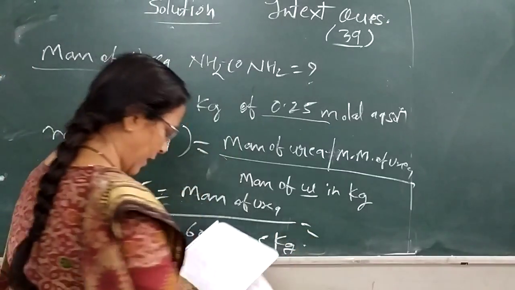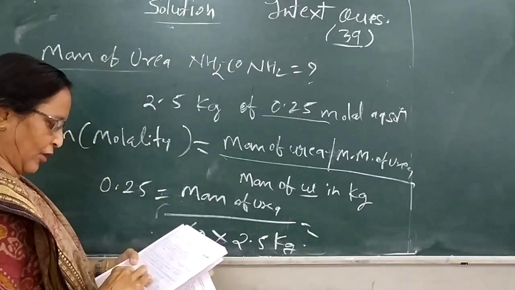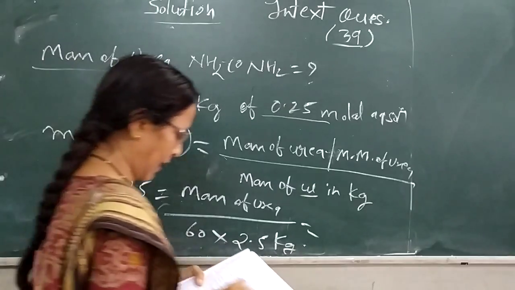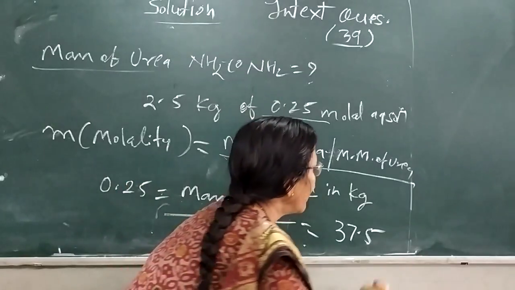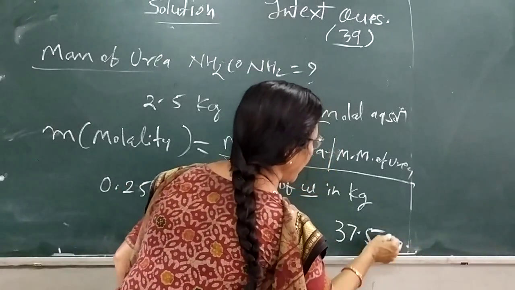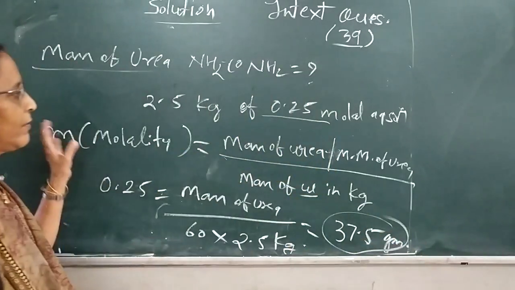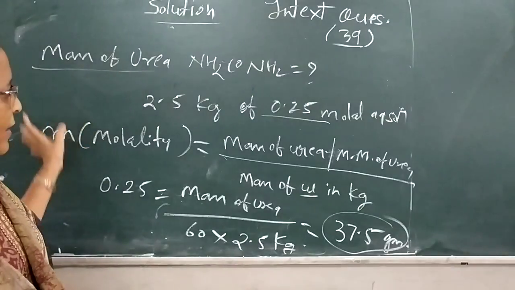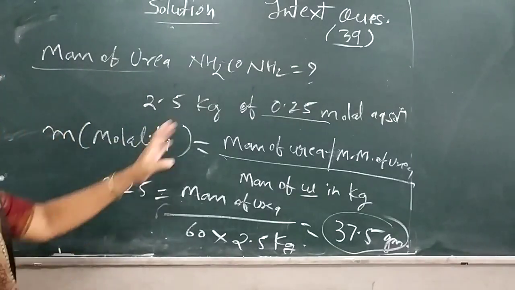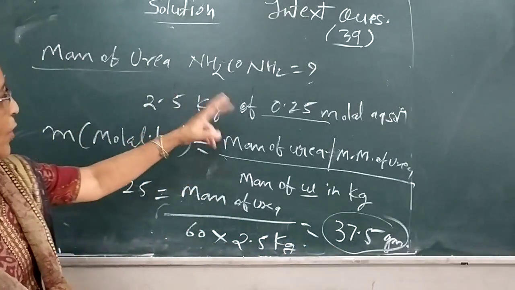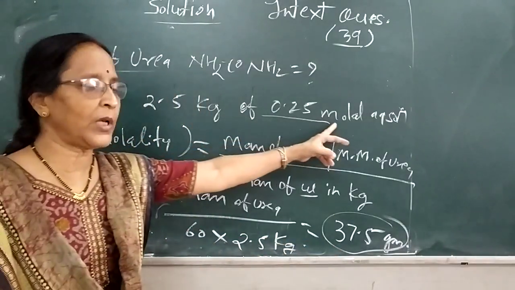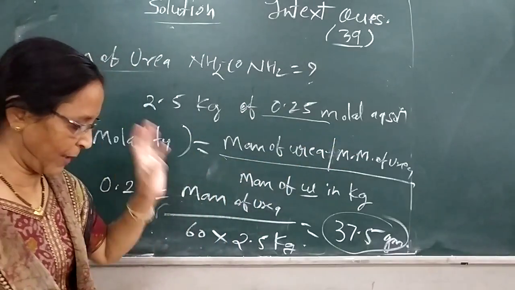When we calculate, the answer will come 37.5. It means when 37.5 grams of urea is dissolved in 2.5 kg, the 0.25 molal solution we can prepare.